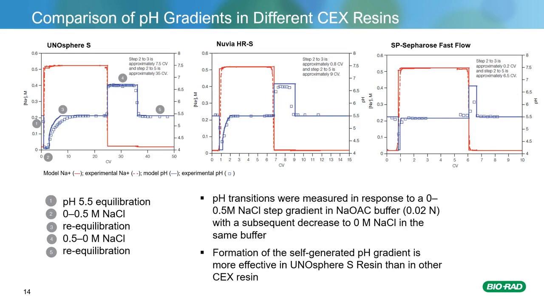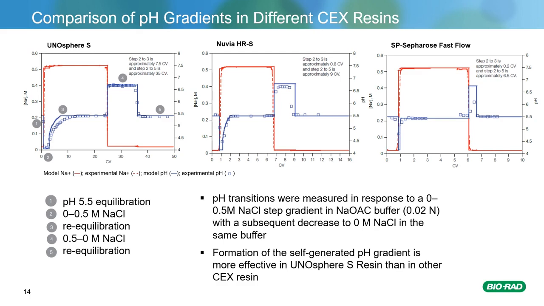In order to determine the extent to which other cation exchange resins show similar on-column pH gradient formation, pH transitions during salt steps were compared for Unosphere S, Nuvia HRS, and SP Sepharose Fast Flow. pH transitions were studied in response to a 0 to 0.5 molar sodium chloride step gradient in 0.02 normal sodium acetate buffer, followed by a decrease to 0 salt in the same buffer.